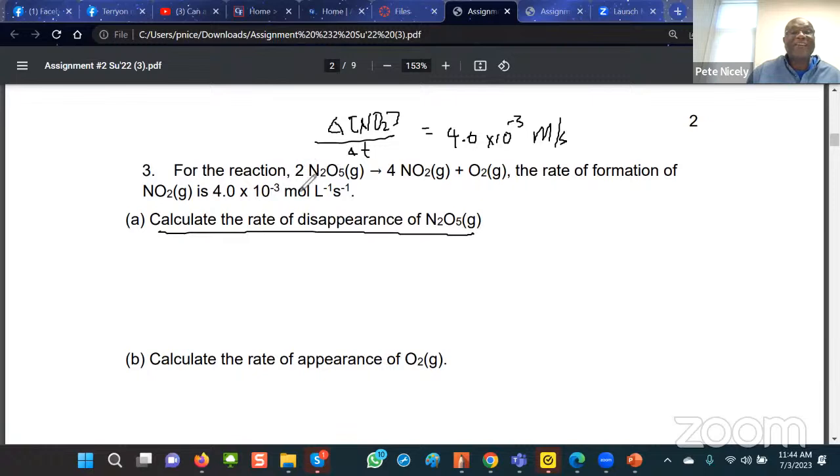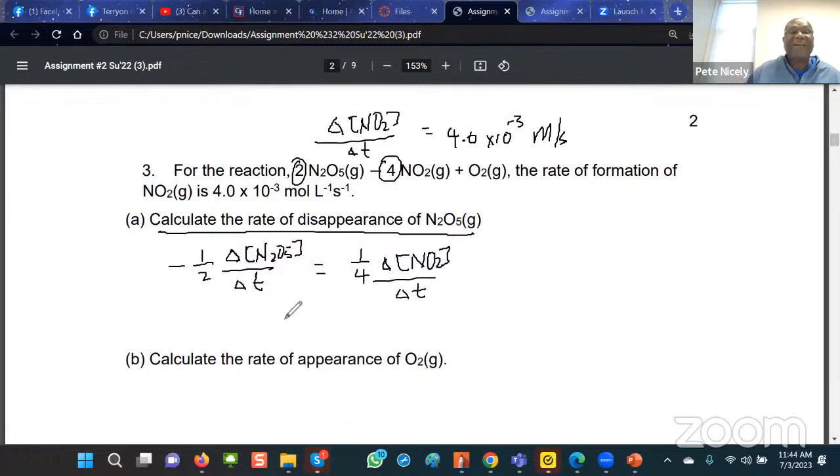Now you'll notice that there's a 2:4 ratio between the N2O5 and NO2. So the relationship between them would be minus 1/2 times the change in concentration of N2O5 over change in time is equal to 1/4 times change in concentration of NO2 over change in time, right?